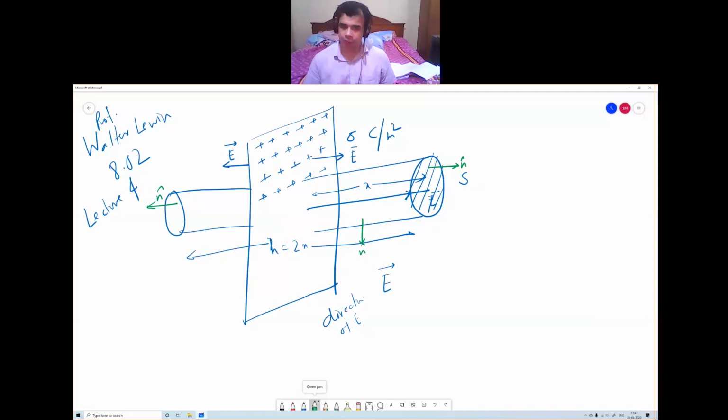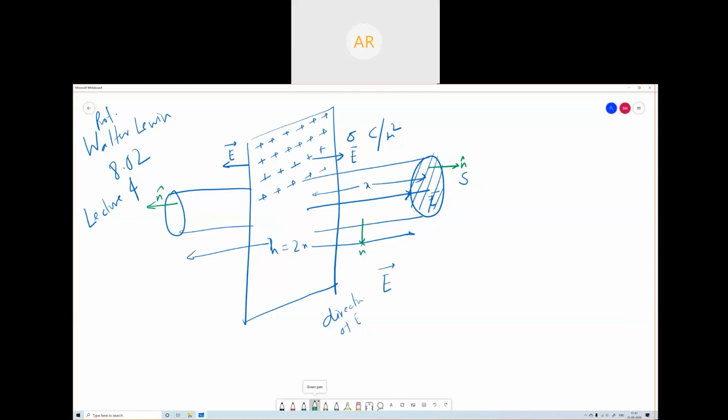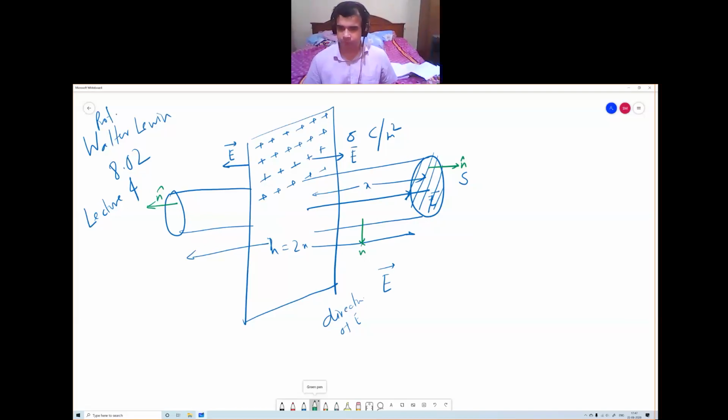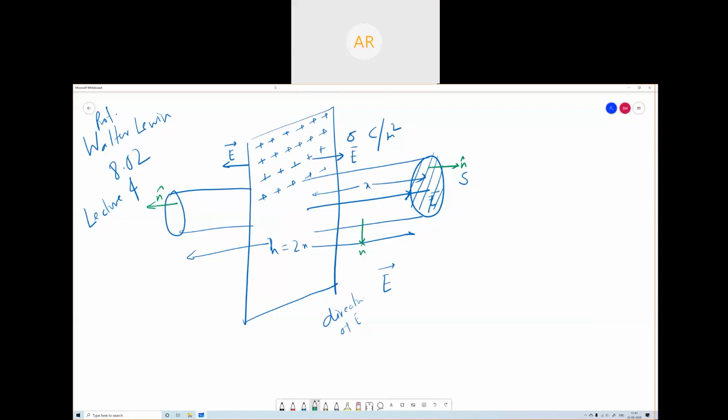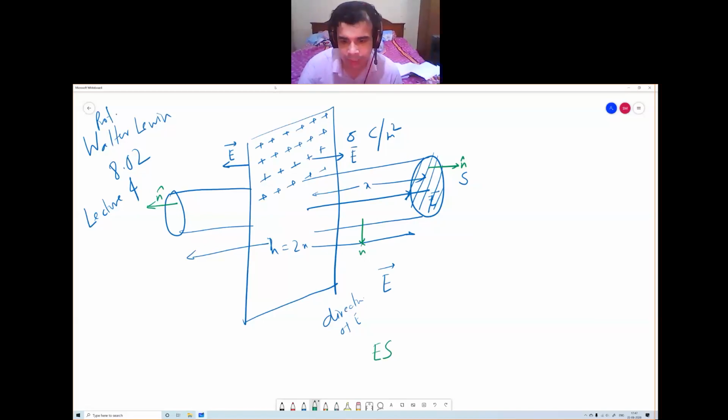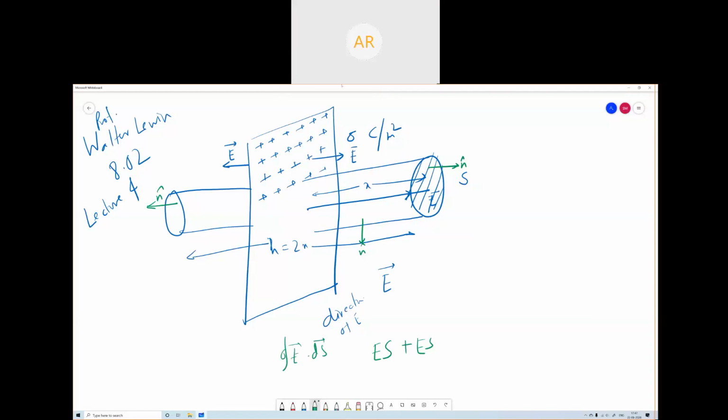So only E dot N at the ends of the cylinder will be non-zero. This will be ES plus ES, one for each end, so E dot dS is 2ES.